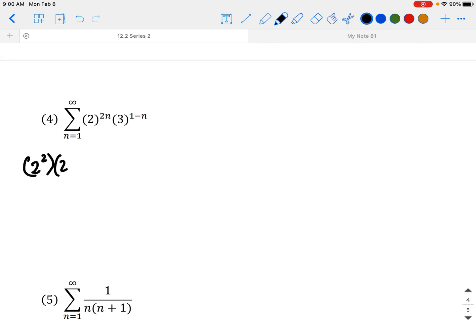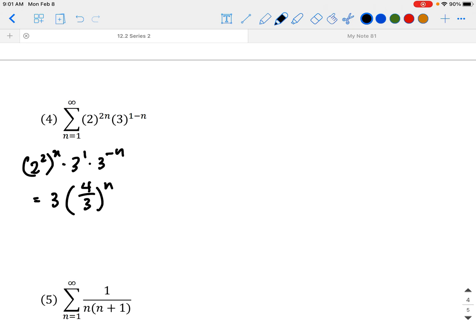So note we could write this as 2 squared to the n times 3 to the 1 times 3 to the negative n. So that means this is going to look like 3 times 2 squared is 4 to the n, and then 3 to the negative n is just 1 over 3 to the n. So we could rewrite this as 4 over 3 to the n.